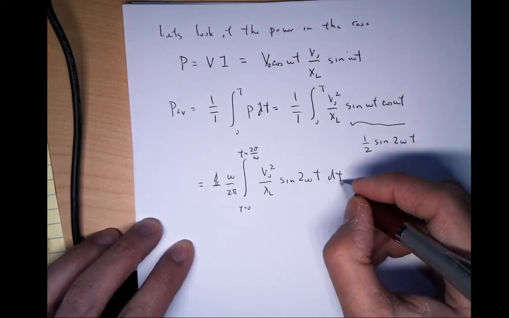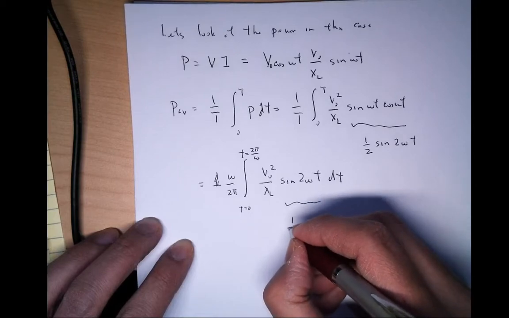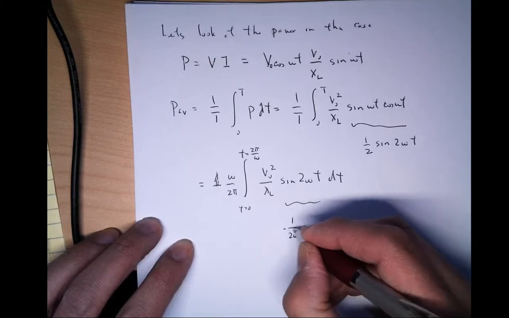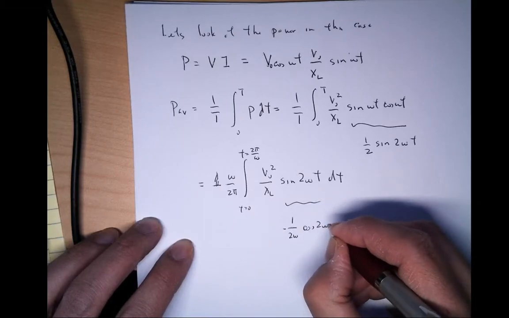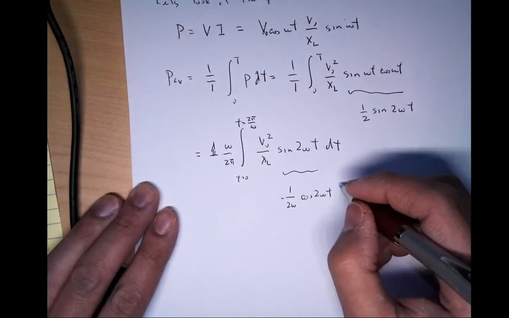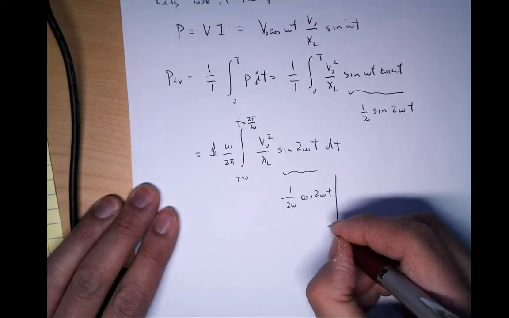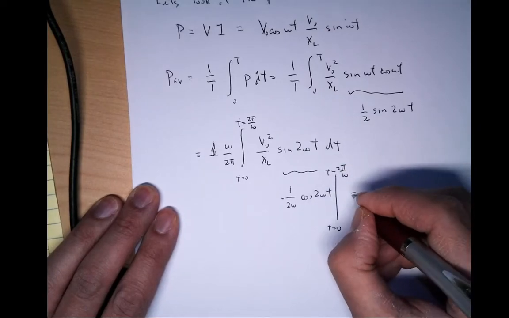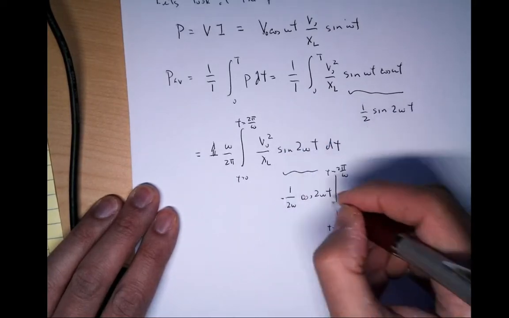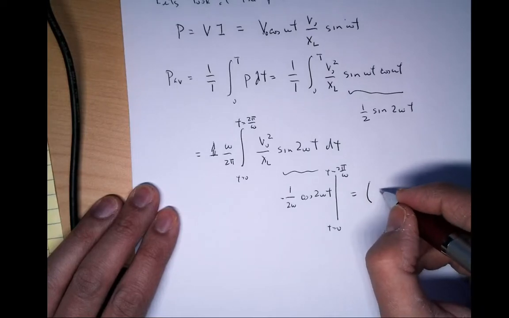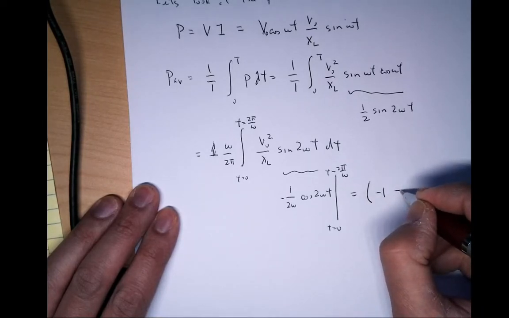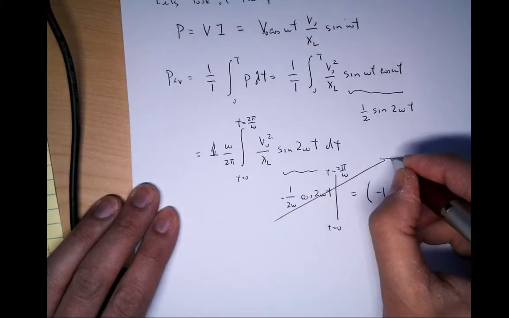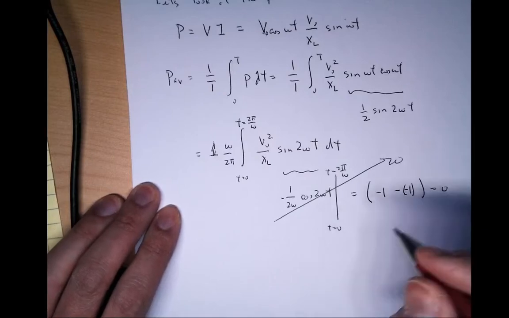If you integrate this out, this is going to give you a 1 over 2 omega times minus cosine 2 omega t. This is evaluated at t equals 0 and t equals 2 pi over omega. And this is actually just minus 1 minus a minus 1, which is 0. So in this case, the average power, in fact, is 0.